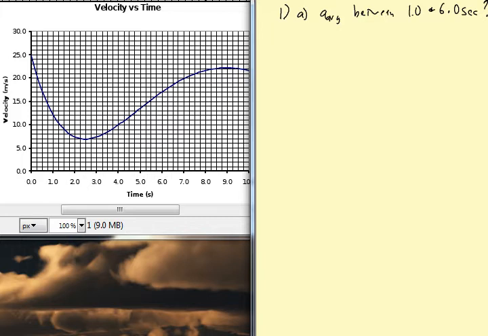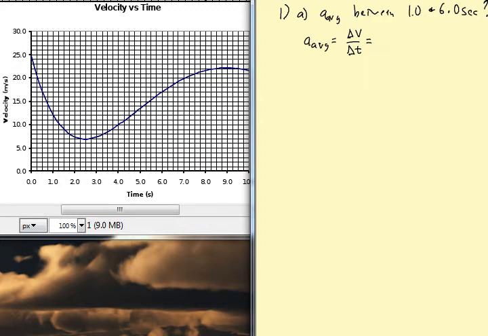So finding the average acceleration, this is a velocity versus time plot we're given. Finding the average acceleration is pretty easy. What we do is we take our formula for average acceleration. Average acceleration is change in velocity over change in time.